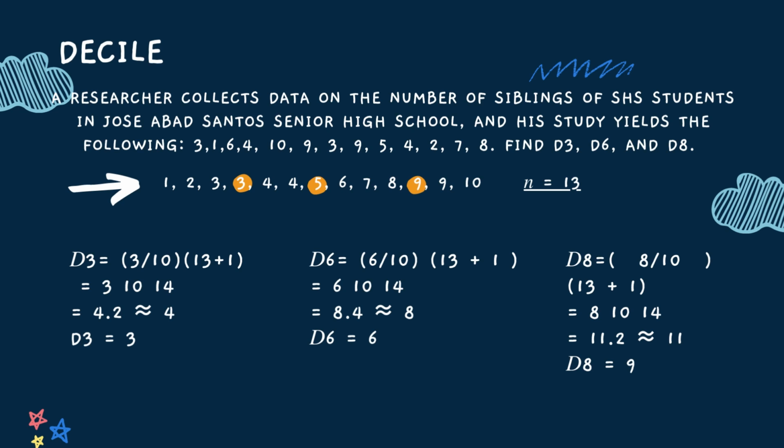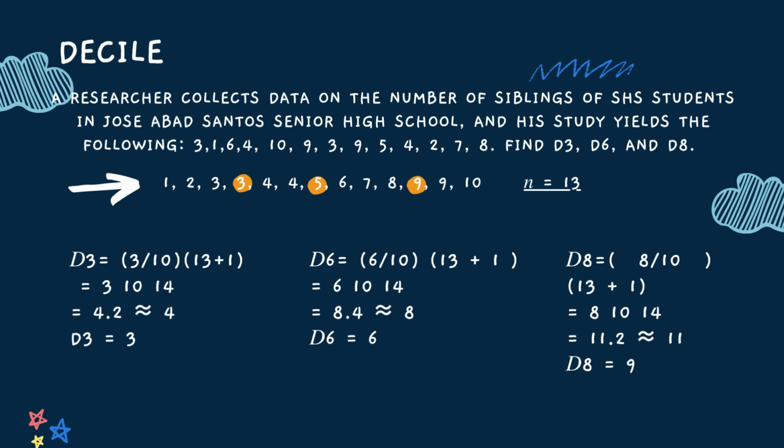So for D3, the decile is 3, on the fourth place of the data. We'll count that the first data is 1, the second data is 2, the third data is 3, and the fourth data is 3 again. So the D3 is 3. Let's try to find the D6.